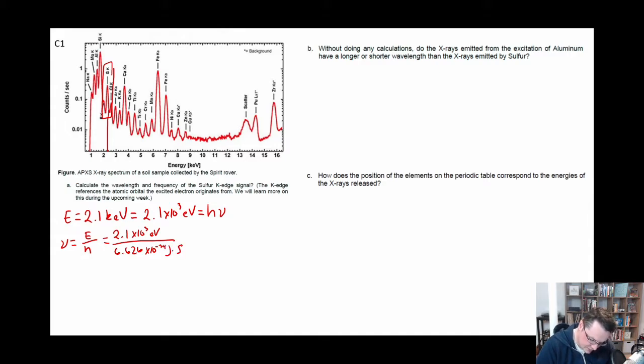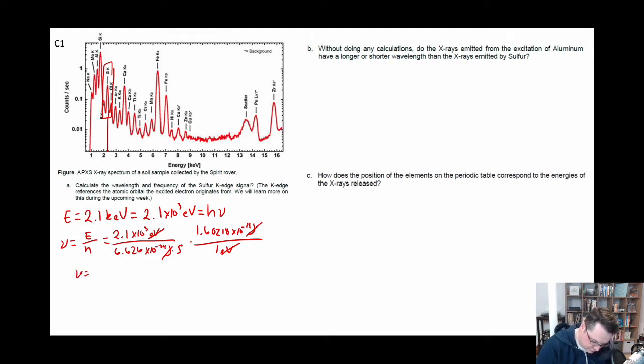The one thing we have to do is cancel out the joules and the electron volts so we can get to 1 over second. To do that, all we have to do is multiply by 1.60218 times 10 to the negative 19 joules over 1 electron volt. So electron volts cancel, joules cancel, and we end up with 1 over seconds.